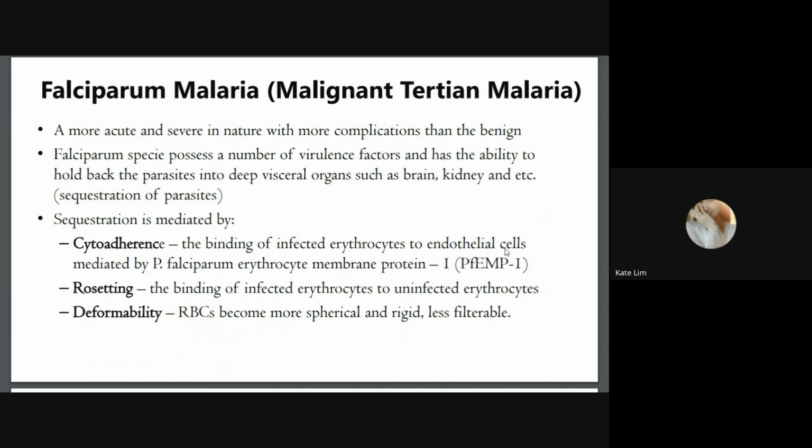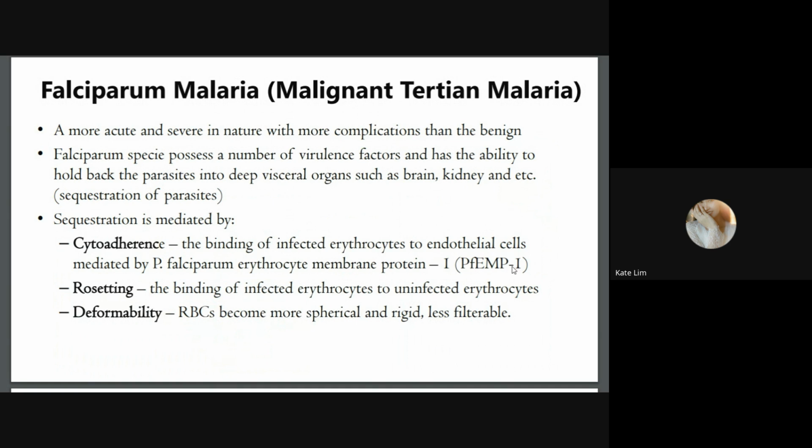What is PfEMP1? This is actually short for Plasmodium falciparum erythrocyte membrane protein 1. So this PfEMP1 allows the infected RBCs to stick to the blood vessel walls, preventing them from being filtered out by the spleen.